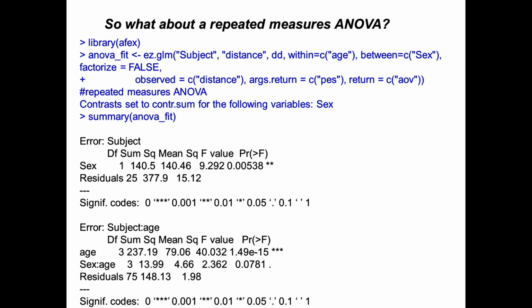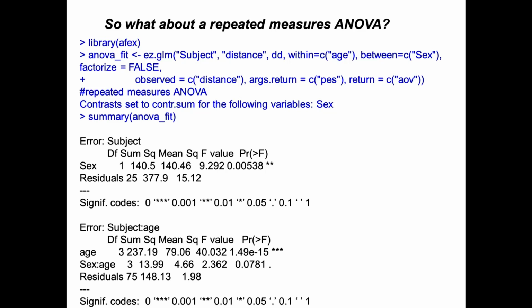I don't know if it's a bias, that they really want you to use mixed effects models instead, but I found it's surprisingly difficult to specify a repeated measures ANOVA. One of the easiest ways I found is using the afex package and this call here, easy.glm. I'm not going to talk too much about the specification, but this is just to show you how you might call the repeated measures ANOVA.